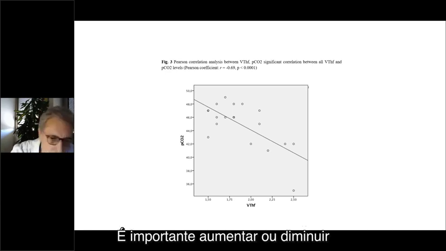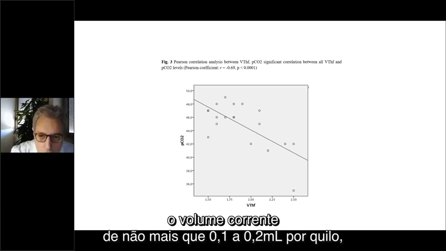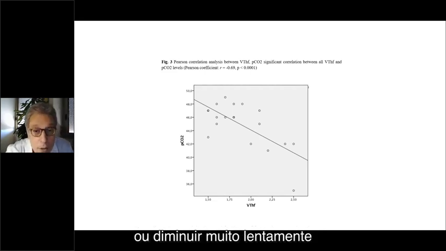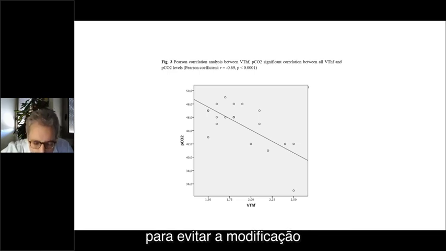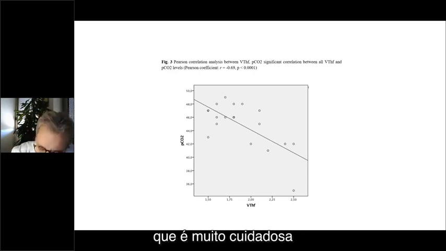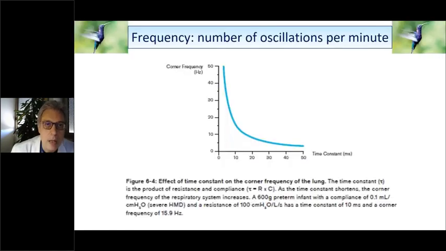It's important to increase or decrease the tidal volume by no more than 0.1, 0.2 milliliter per kilo, step by step, because the PCO2 has to increase or decrease very slowly to avoid a too rapid modification of PCO2 that has a very dramatic effect on the cerebral circulation.